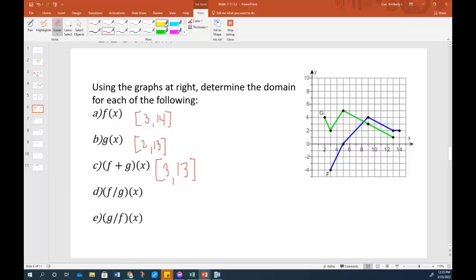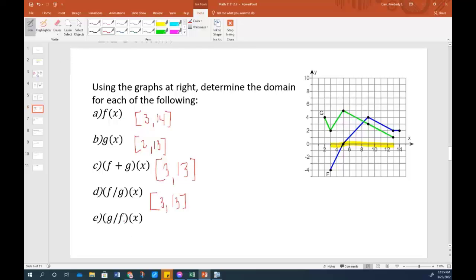I guess I'll put that back. We're looking at this area. However, I cannot use anything in that domain where g of x would equal 0. But g of x does not equal 0 anywhere in that range. It's above the x-axis everywhere. So I can again use all of those values, and I can have 3 to 13.